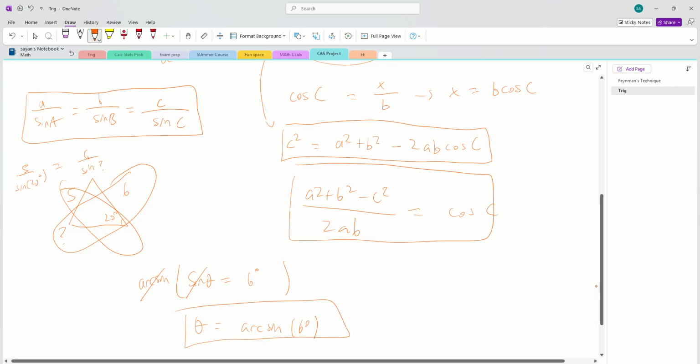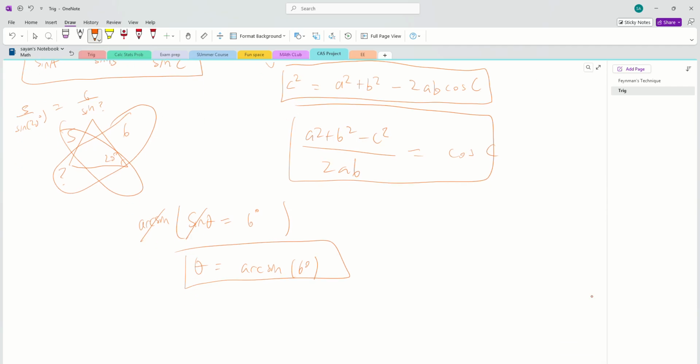Now, for arc sine, you would just put it in your calculator. Same thing with sine. With all of these ratios, you put them in your calculator. You can't really manually compute them. And this is a fine final answer. Arc sine of 6 is fine.